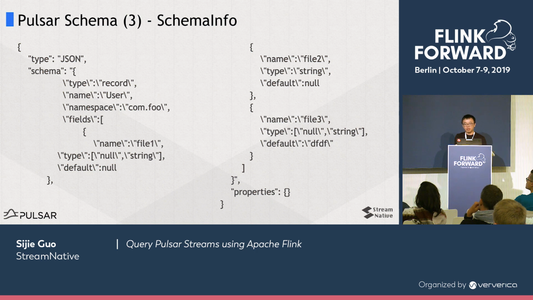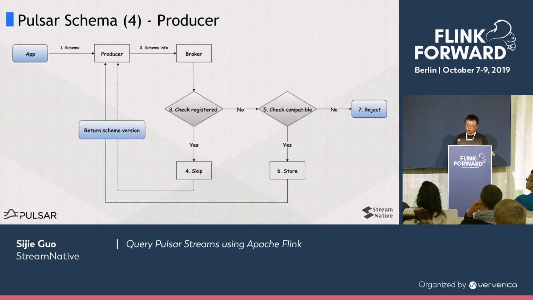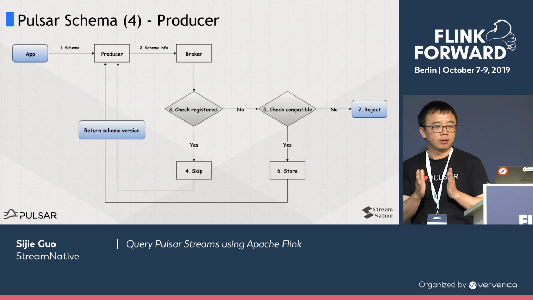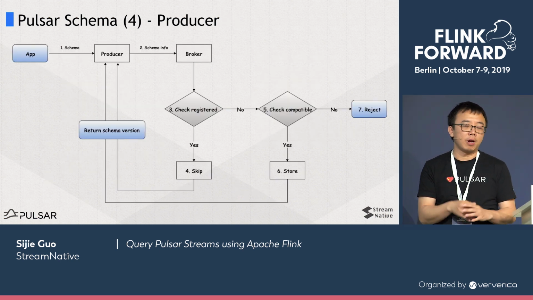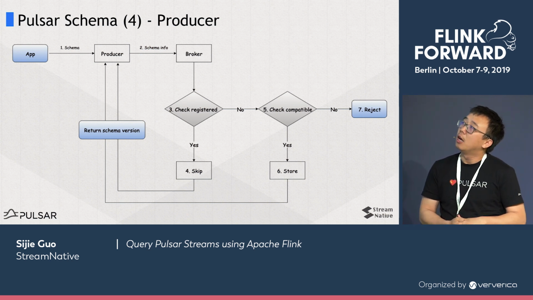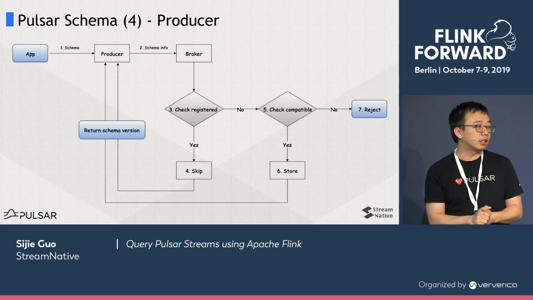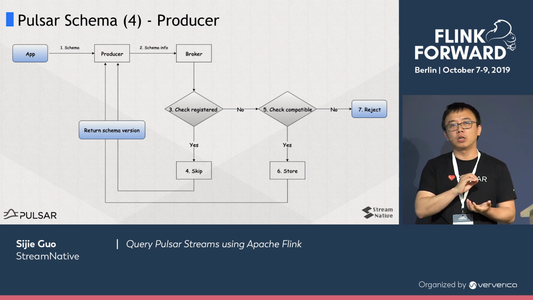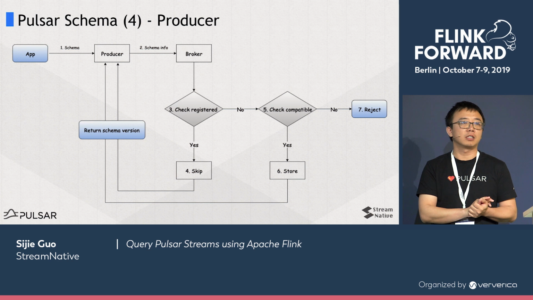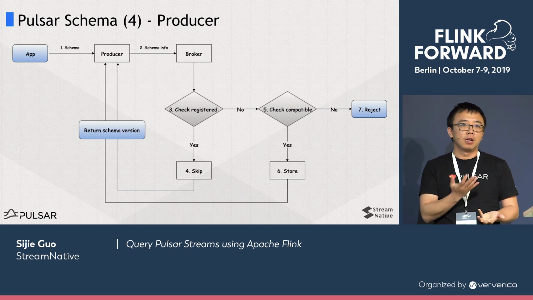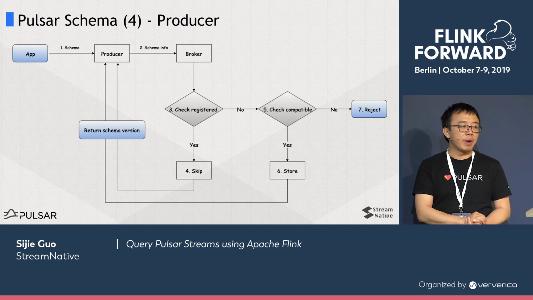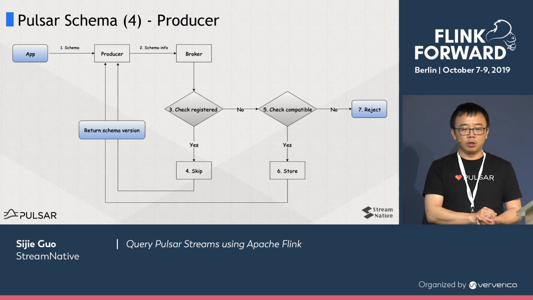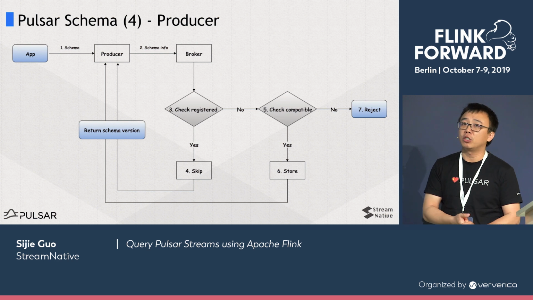I'll show you a quick workflow of how the schema works. The application will specify a schema in a producer or consumer, and the producer connects to a broker. It will send the schema information with the connect command. Once the broker receives the schema information, it checks whether the schema is registered or not.